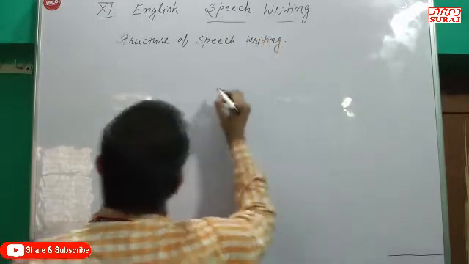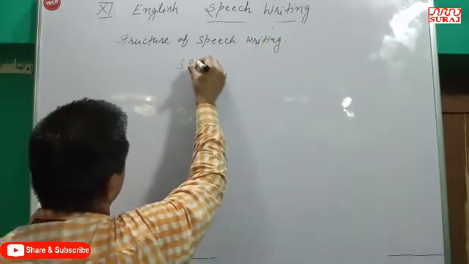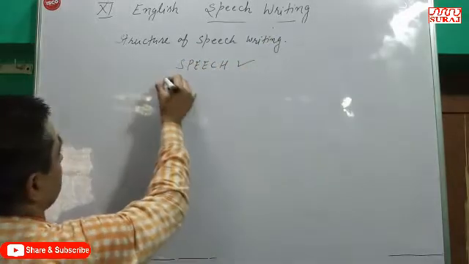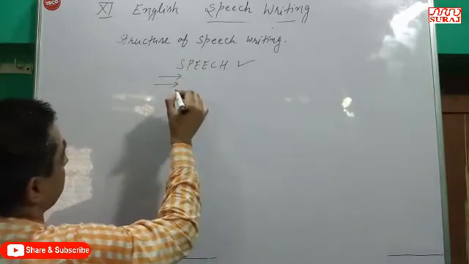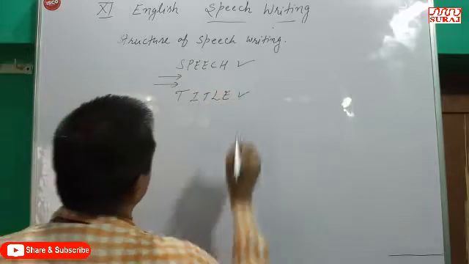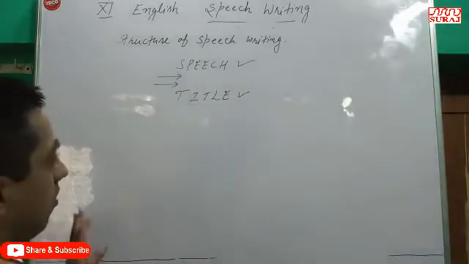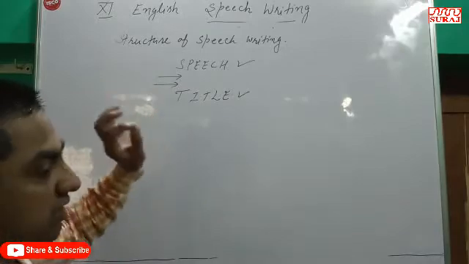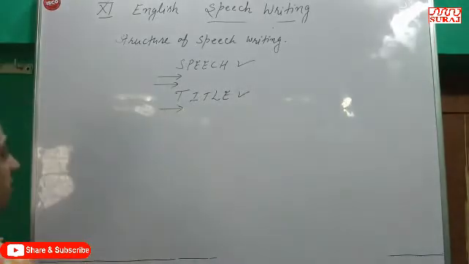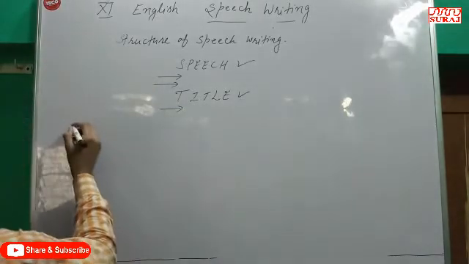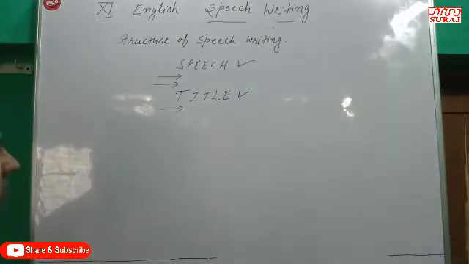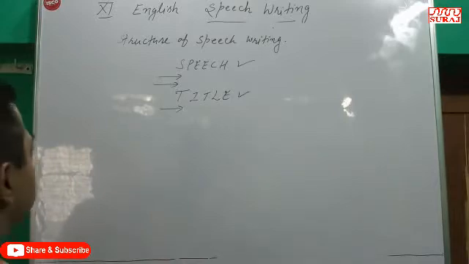First of all, you should mention the word SPEECH in capital letters with a black pen. After it, you should leave two lines between speech and the word title. You should mention the title in capital letters with a black pen, the title which is given in the question. After that, you should leave one line between the title and the introduction of the speech.